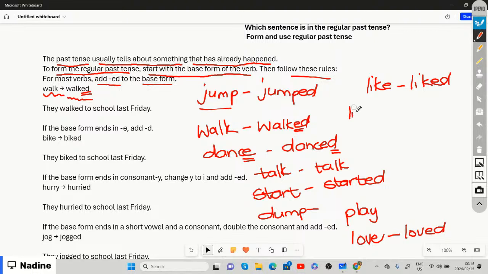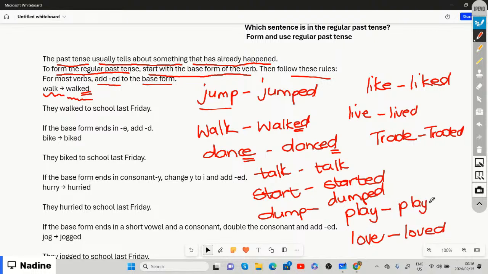And we can also say live and lived. Yes, we have trade. I traded my sneakers for something else. And then we have dumped. I dumped the dirt on the field and they locked me up for littering. I played Xbox until very late last night.